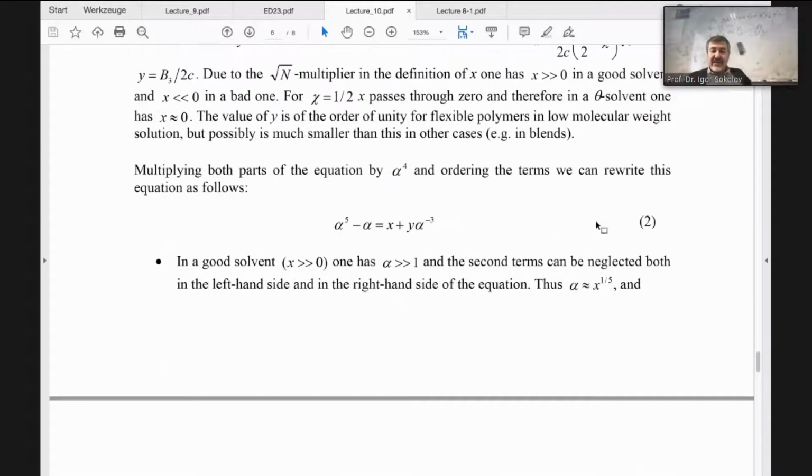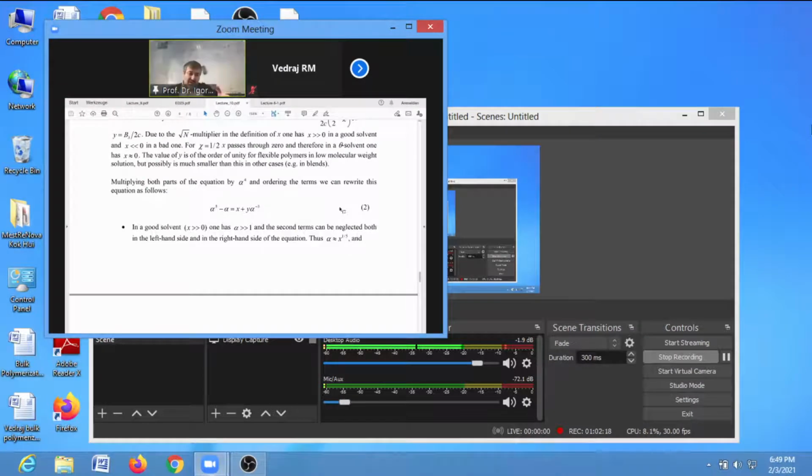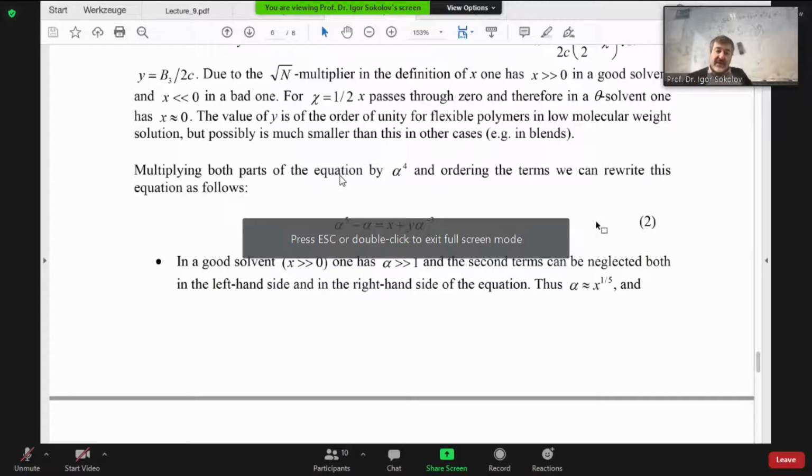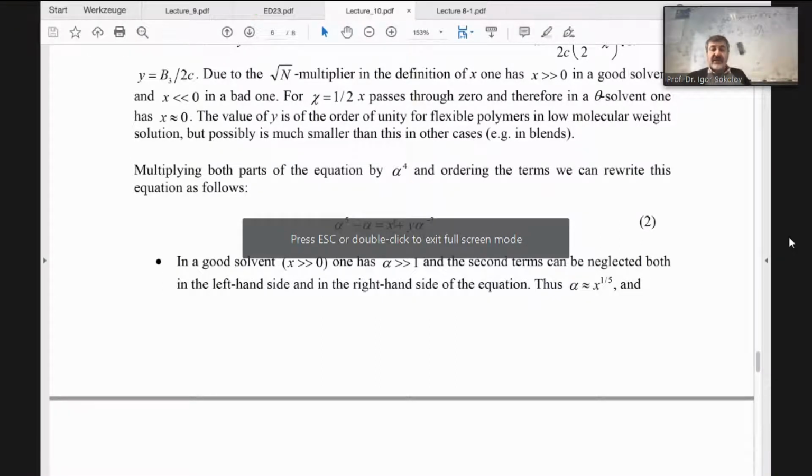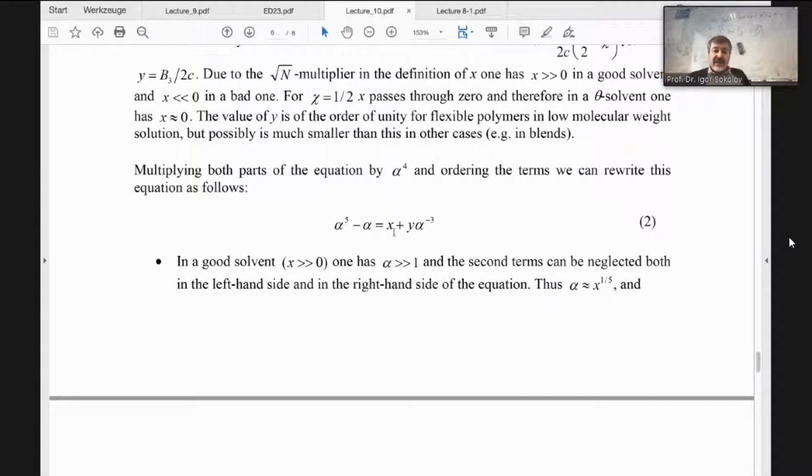So x in interesting situations, except for the situations extremely close to the theta point, is always very large in its absolute value, but either positive or negative. So now let us take this x very large and positive. So I have here something very large and positive. Now let's have a look at what happens.